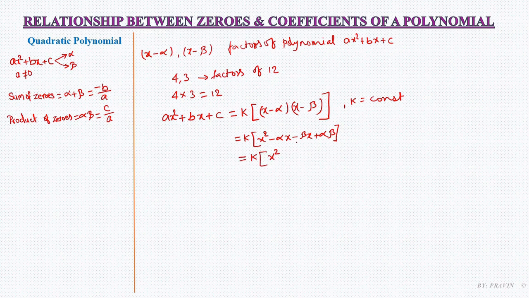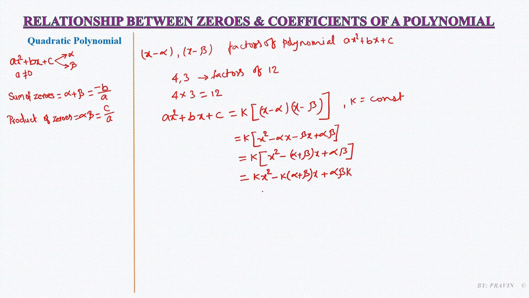Here you can take x as common, so after taking x as common, you will have x² - (alpha + beta)x + alpha beta. Just by multiplying this k with all terms, you will have kx² - k(alpha + beta)x + k alpha beta.